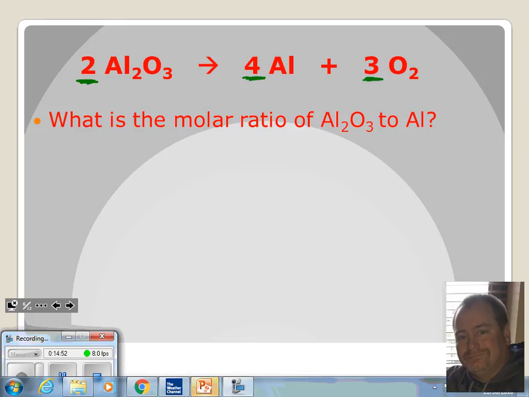What number is telling me the amount of moles? The coefficient in front of the particular compounds or elements. So as I'm looking at this, I'm asking the question, what is the molar ratio of aluminum oxide to aluminum? How many moles of aluminum oxide do we have? 2.